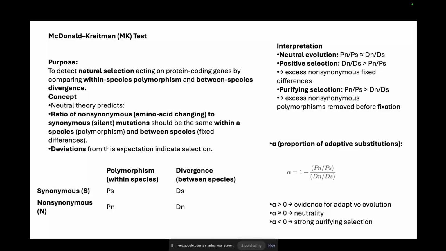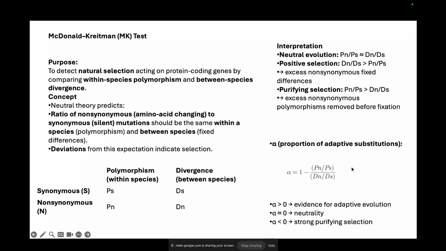So these three are the interpretations of the MK test, and they basically measure alpha. It's the same thing, just that we are using a different variable to measure this. Alpha would be one minus this whole expression, and if it is greater than zero, adaptive evolution is happening, that is, positive selection.